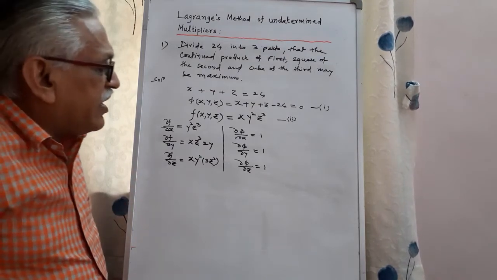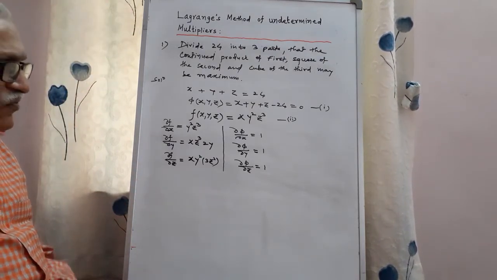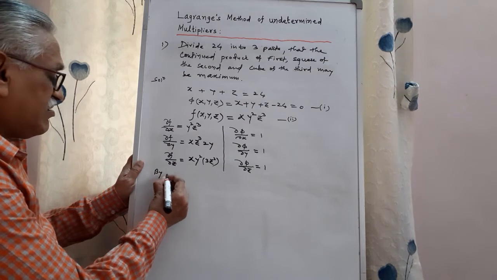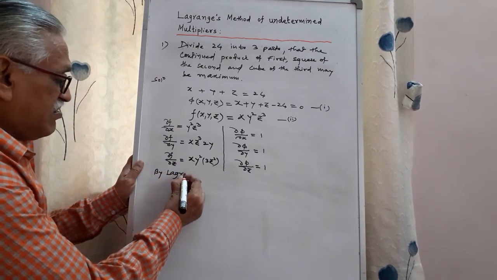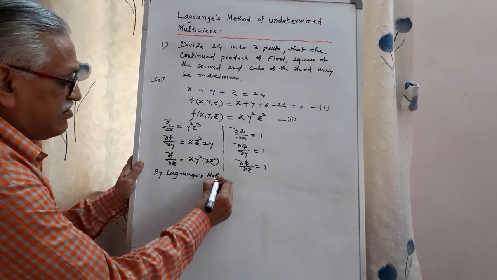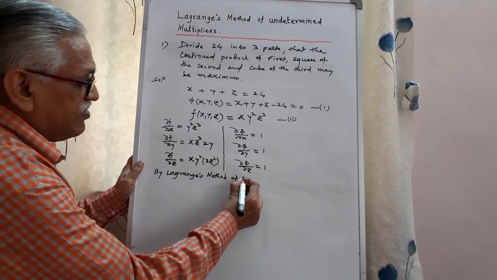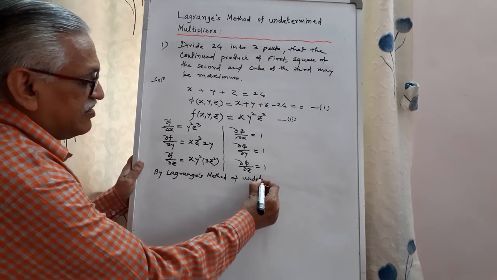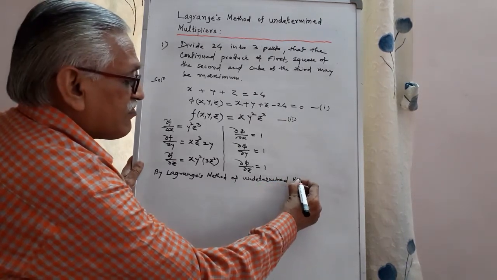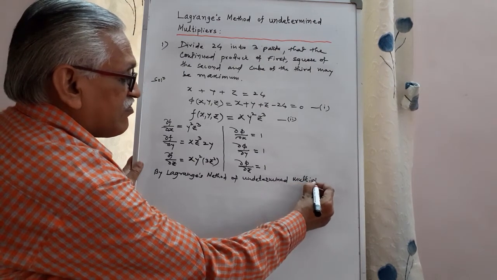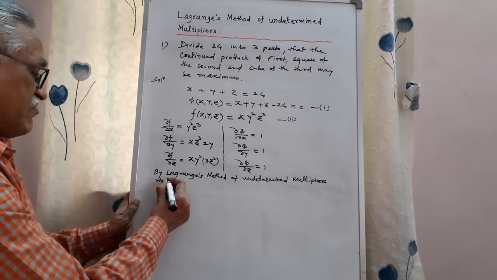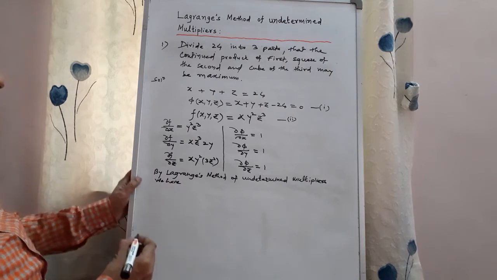And then using Lagrange's method of undetermined multiplier, we have three equations.